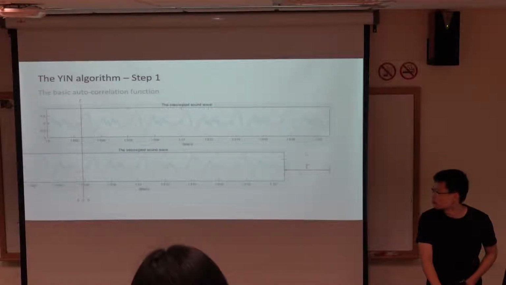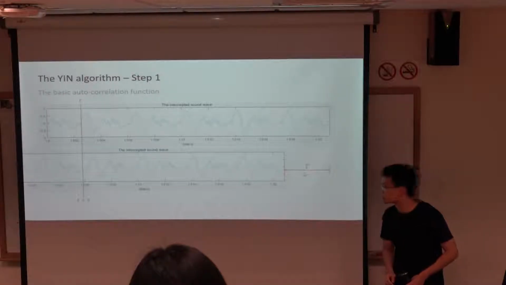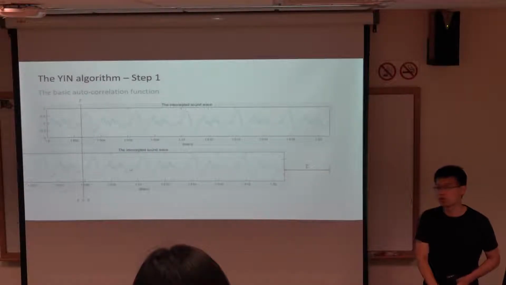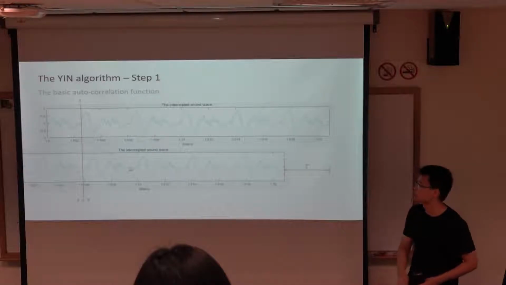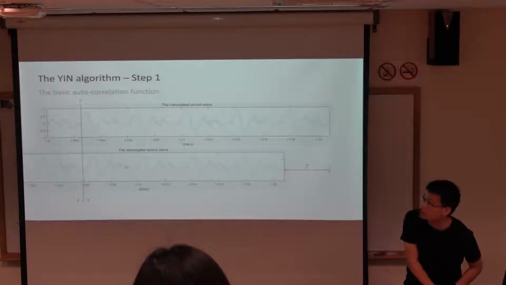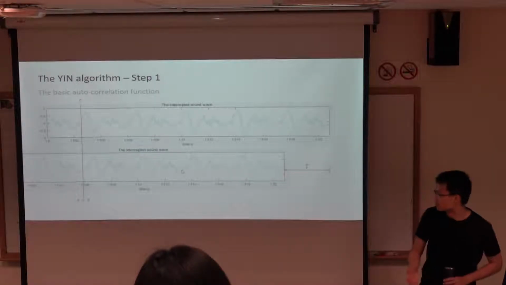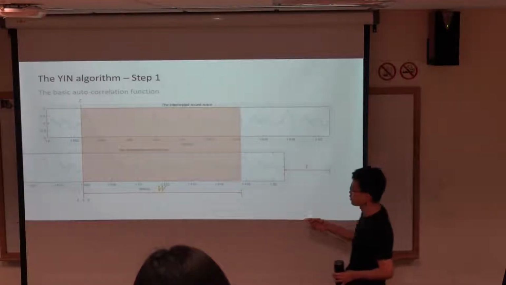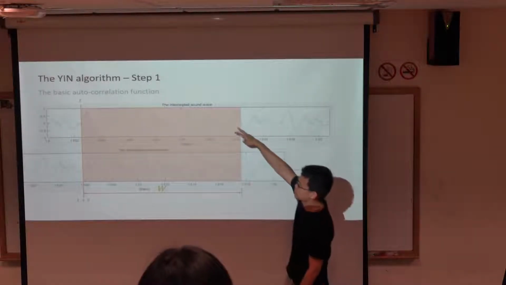And if tau happens to be the period, then no matter whether we start from t or t plus tau, it should be the same, right? However, now I didn't choose tau as the period, so there's a slight difference between them. Anyway, we choose a window size, and we compute the correlation between these two parts.